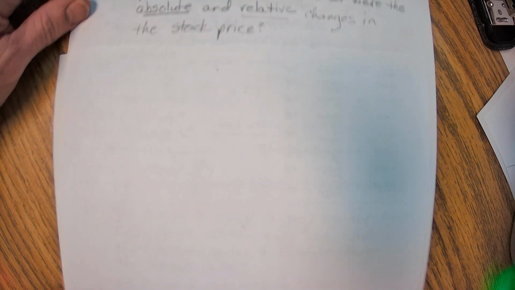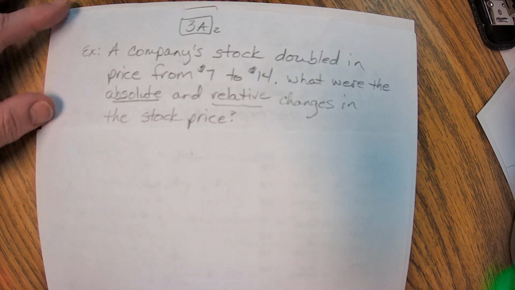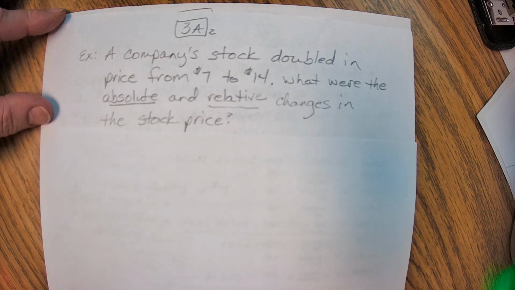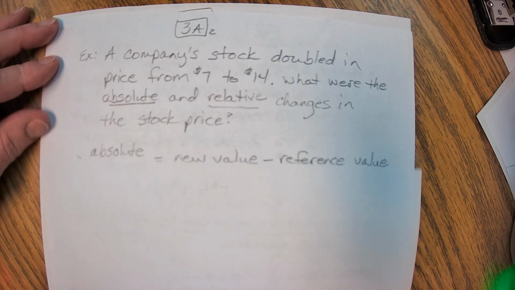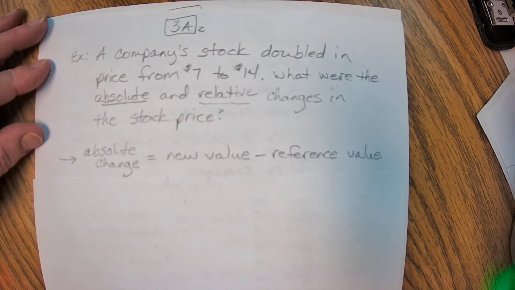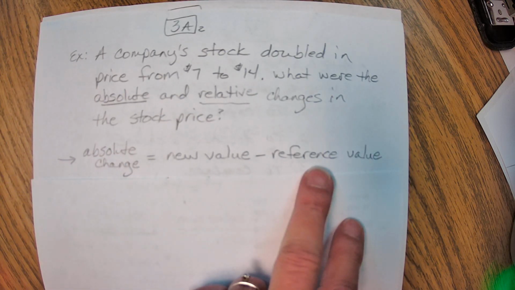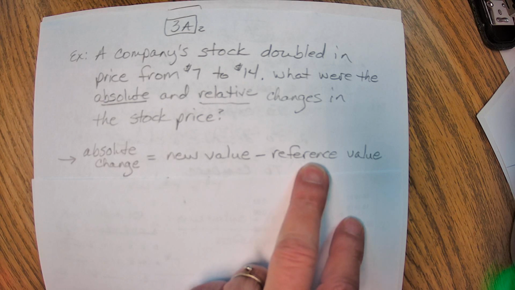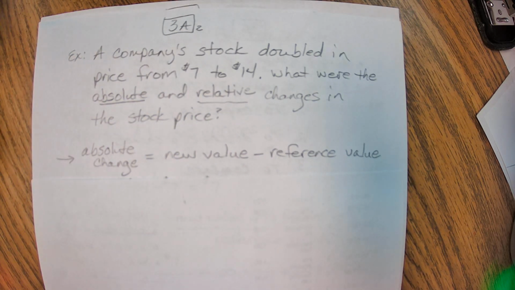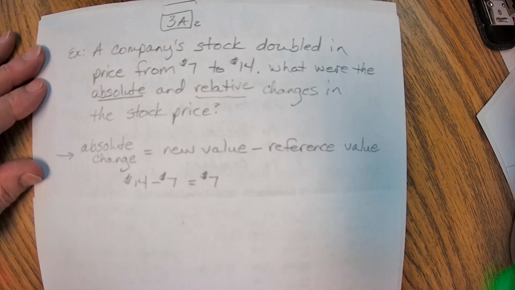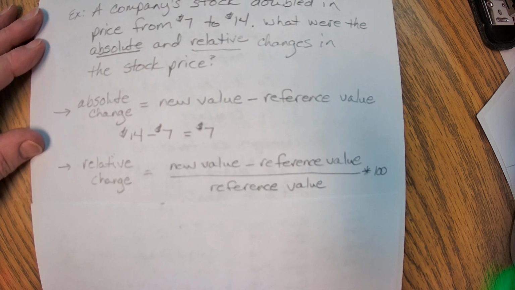So here's another example. A company's stock doubled in price from $7 to $14. What were the absolute and relative changes in the stock price? The absolute change is just the new value minus the reference value. The reference value is what you start with, and the absolute change is always just a number. So the absolute change here is $7. And the relative change is listed as a percentage.